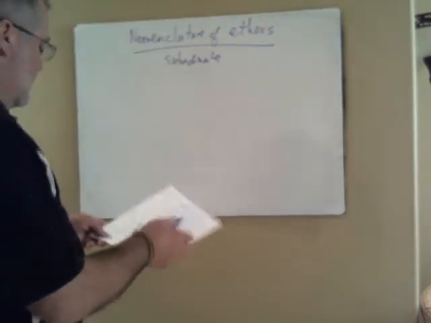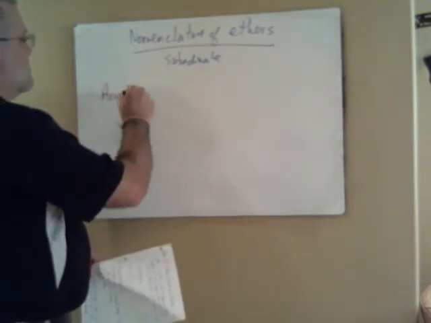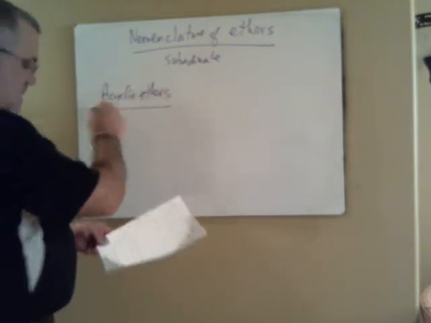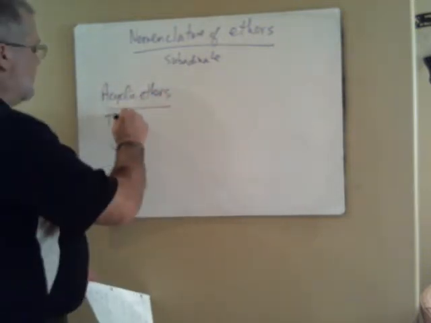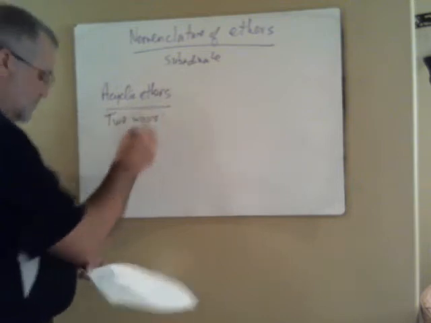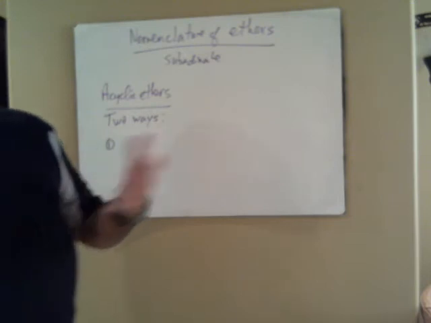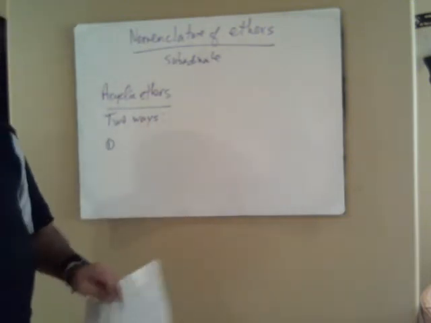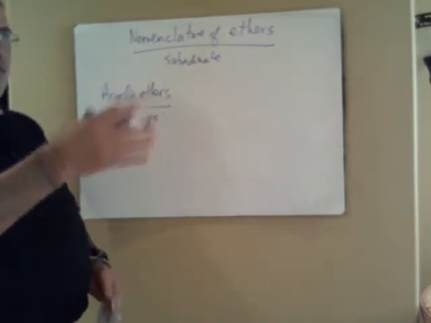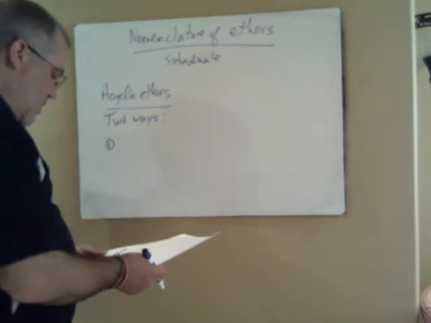All right, so how do we name them? The first thing is acyclic. Okay, and as I said, there are two ways that we can do this. The first of those ways is you simply identify the organic residues on either side of the oxygen, and then you add the word ether to them. So it's actually three words. It's the two organic residues followed by the word ether.